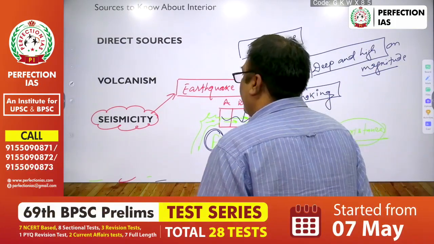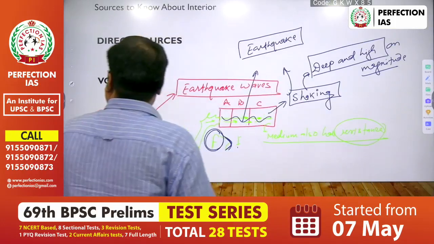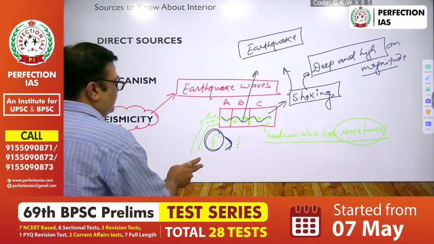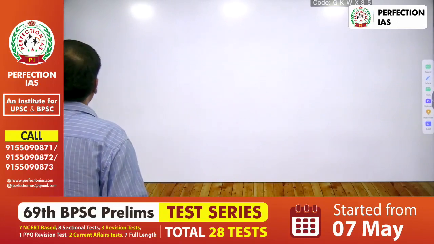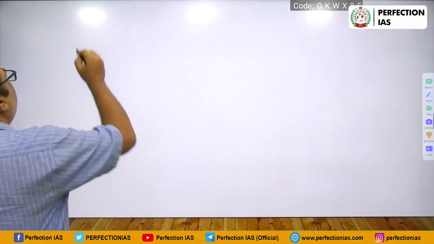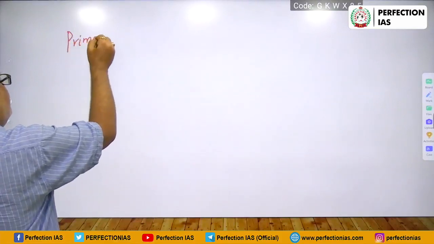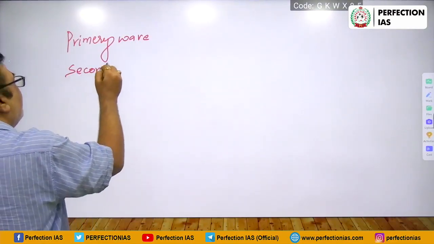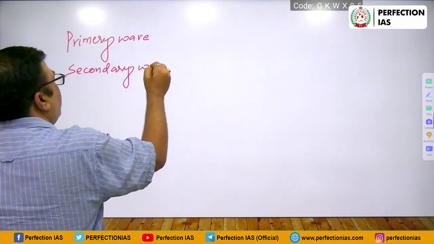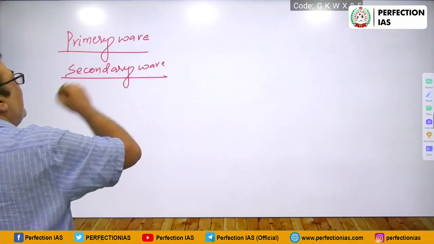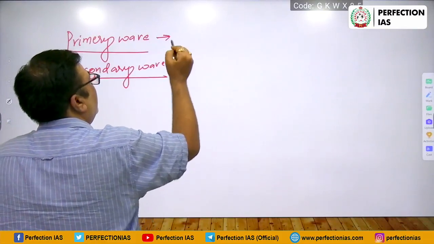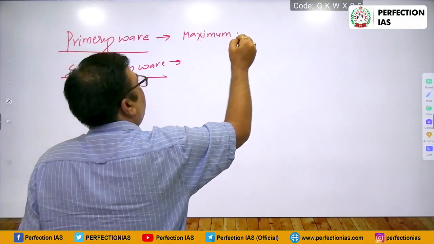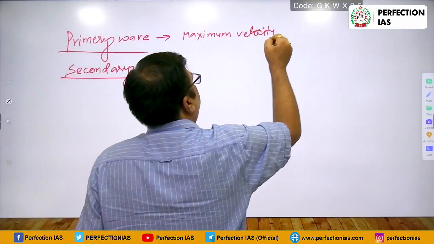ये वेव किस किस फॉर्म में आएगा, आप ये देखिए। तो this will come in the form of primary wave and secondary wave. Primary wave is that one which has maximum velocity.